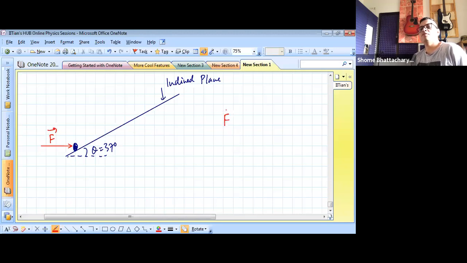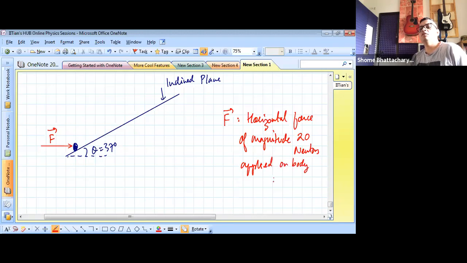So F is a horizontal force of magnitude, let us say 20 newtons, applied on the body P as shown.